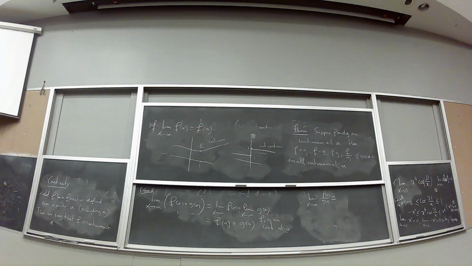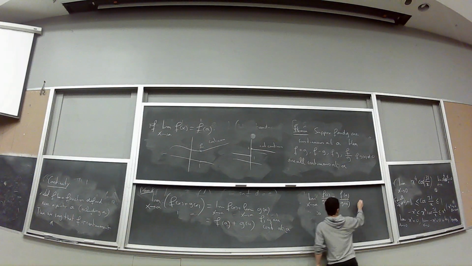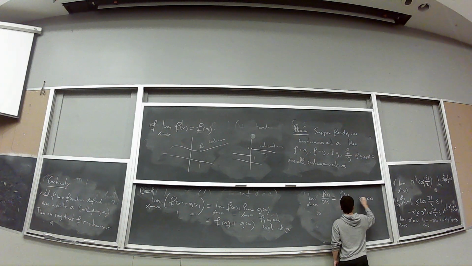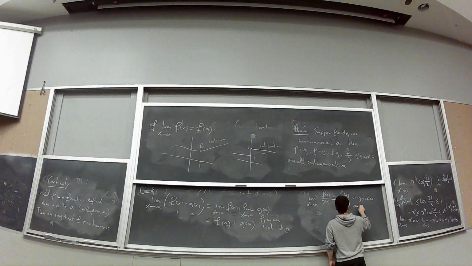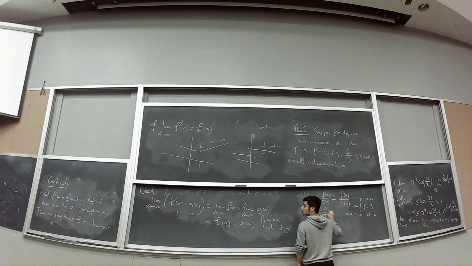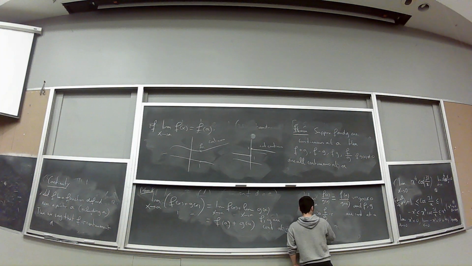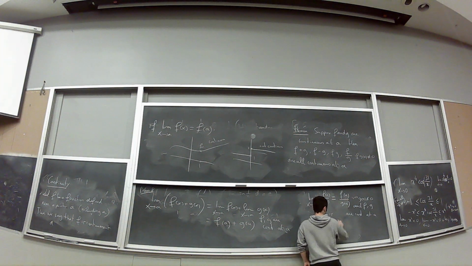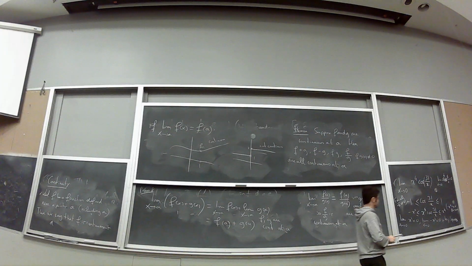Non-zero. By assumption, g of a is non-zero. Okay, is that clear? If g of a is 0, then that doesn't work. Okay? And f, g are continuous. So f over g is continuous at a. Great, awesome.